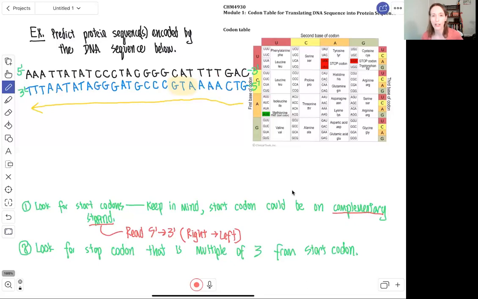Those types of mutations can occur in cells where a nucleotide is deleted, a so-called frame shift mutation, and that can result in all the codons being shifted over by 1 nucleotide or 2 nucleotides, and that will completely screw up the sequence of the protein.